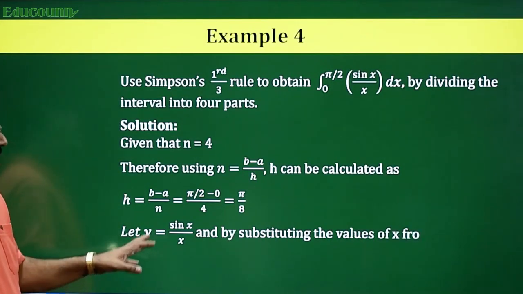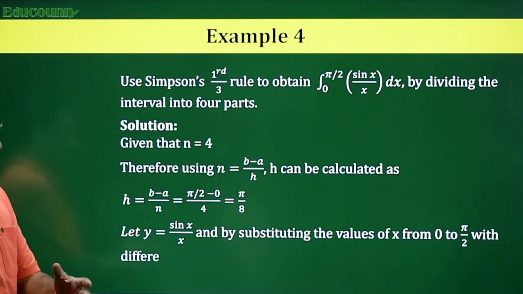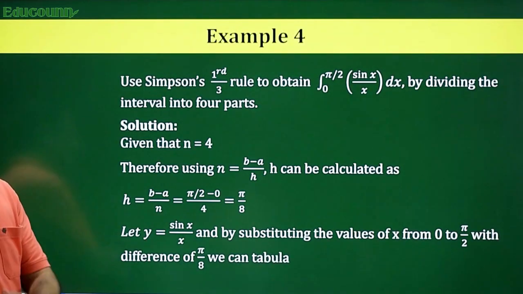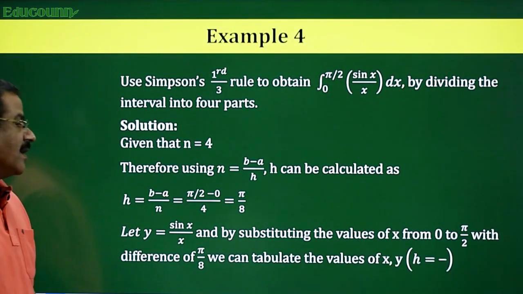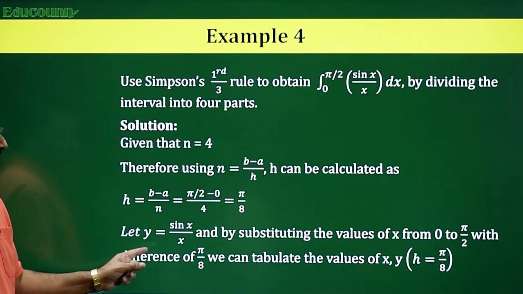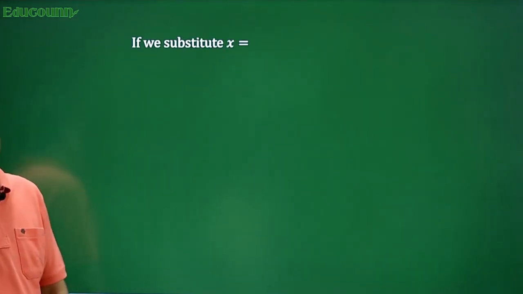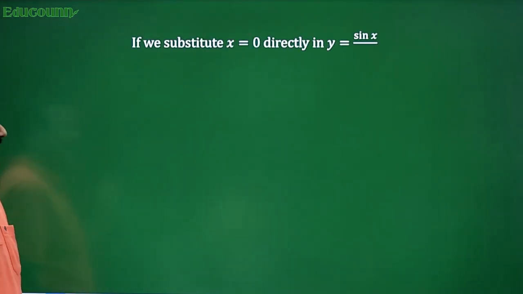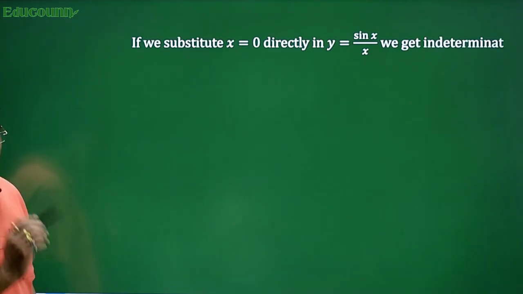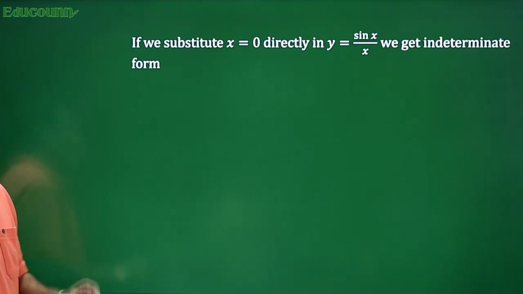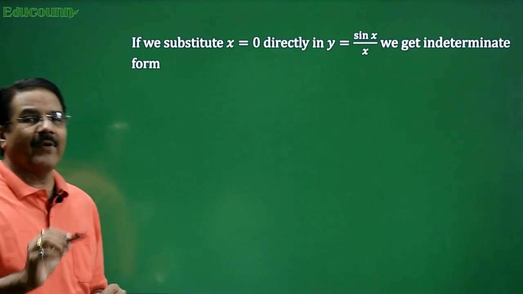Here y equal to sin x upon x, we have to calculate by substituting the values from 0 to pi by 2. So here the difference is pi by 8. We will see how to calculate this. Now, next an important point: if you substitute the value of x as 0 directly over here, then what happens? y is equal to sin 0 upon 0.